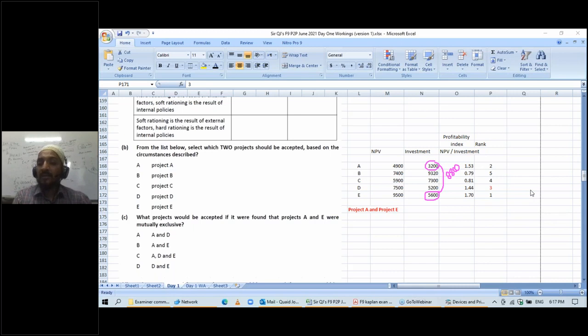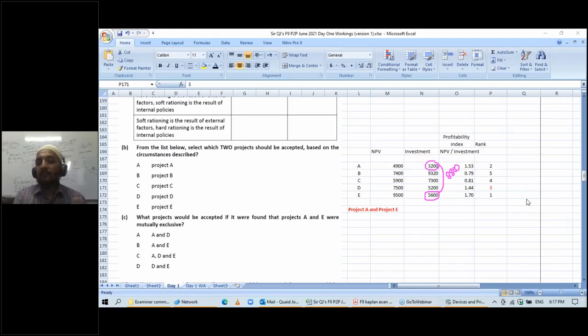So in this case, I cannot start with project E, as after investing in E, I won't be investing in A, because they are mutually exclusive, right? So then I'll have to go to D. After E, if I go to D, I will need more than 10 million, which I do not have. So E and D are not possible.